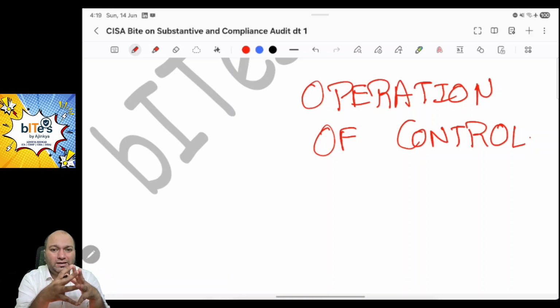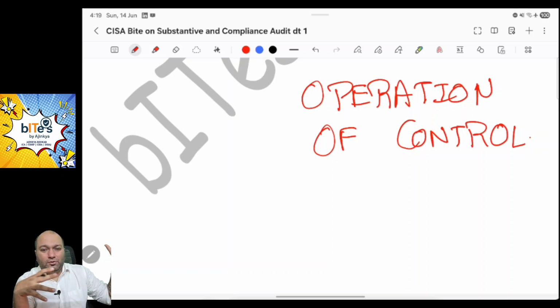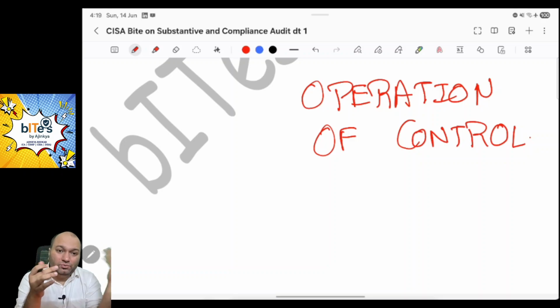The auditor will select samples in such a way that all HR leavers from 1st Jan till 31st December have a chance of selection, and he will check whether all those accounts were disabled on the last working day or not. So that is substantive testing. Substantive testing is done to check the operation of the control throughout the audit period.